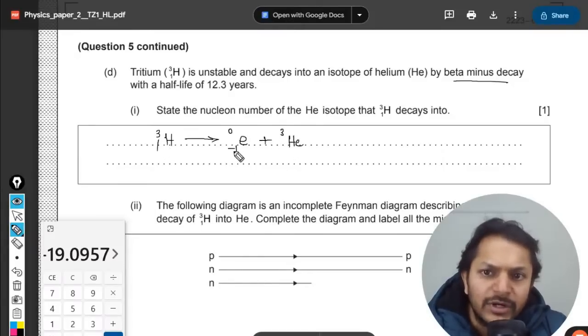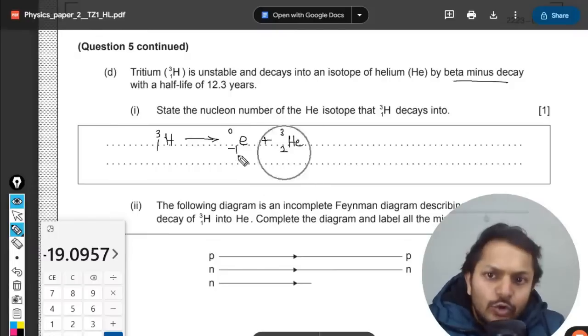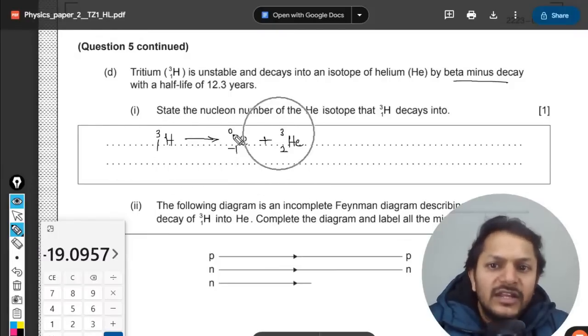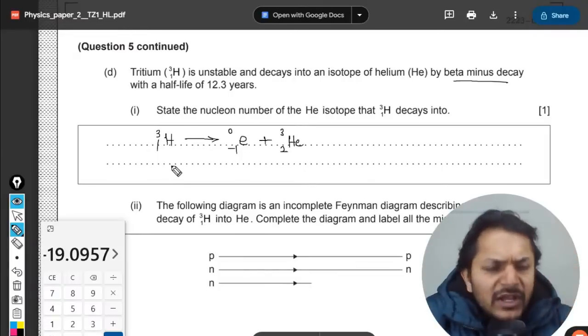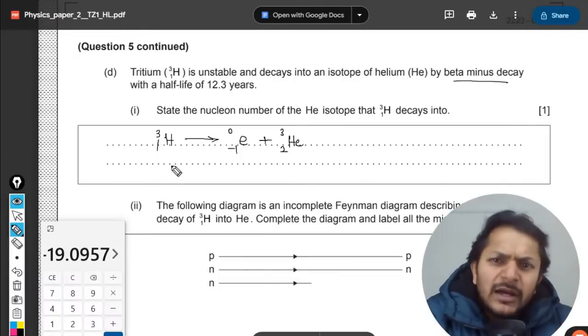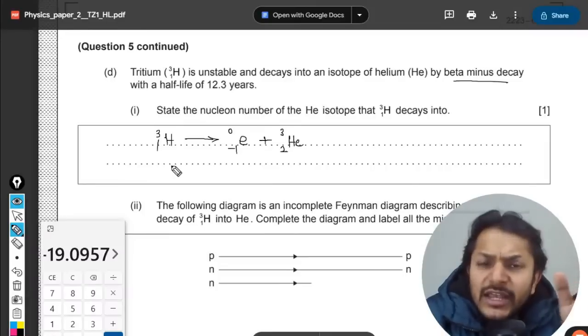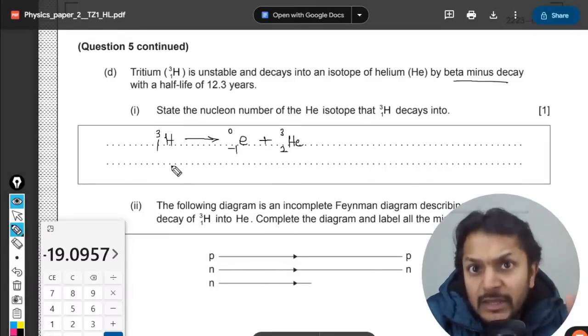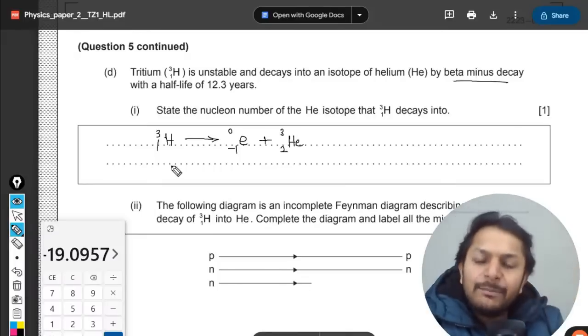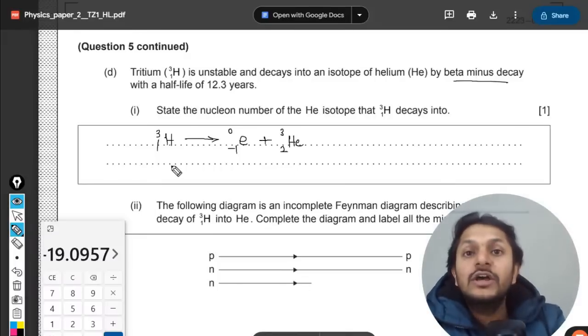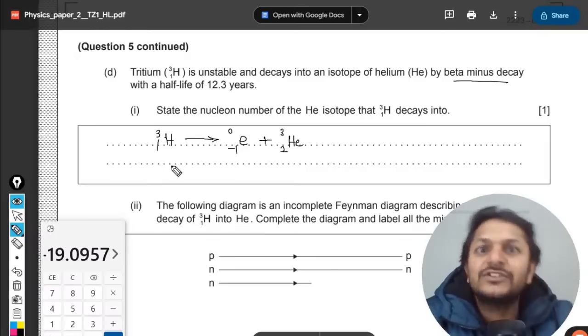And atomic number, because it is -1, so atomic number here will be double. So see, 2 minus 1 is equal to 1. 3 plus 0 is equal to 3. So this is a very simple law that we use in chemical reactions in normal chemistry. But this law is also correct and applicable to nuclear reactions. This is known as the Soddy-Fajans law.